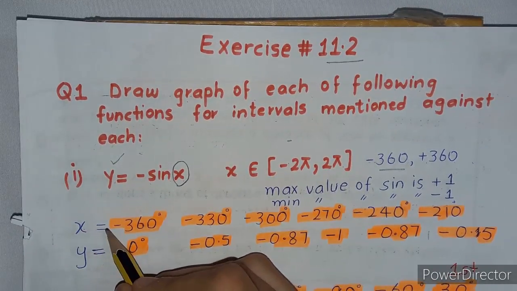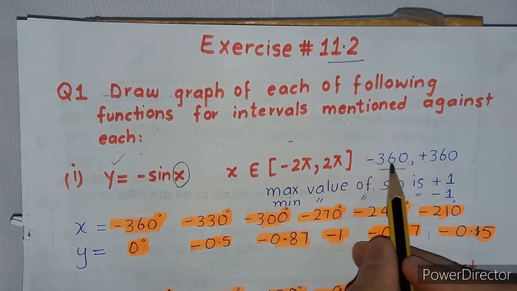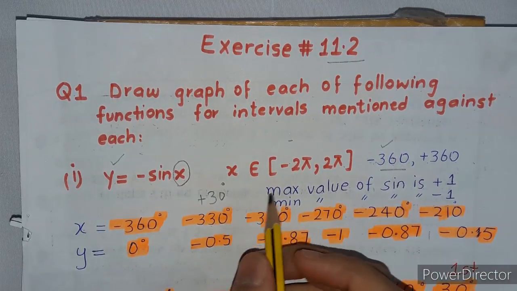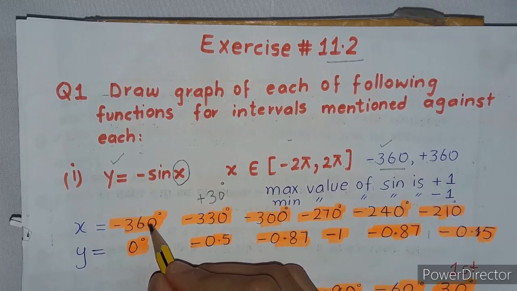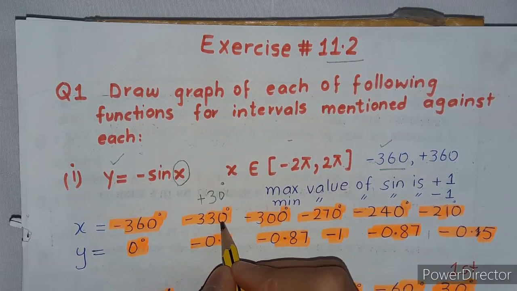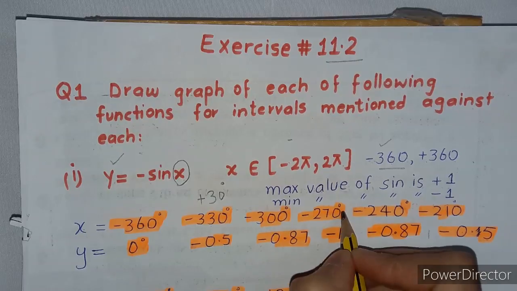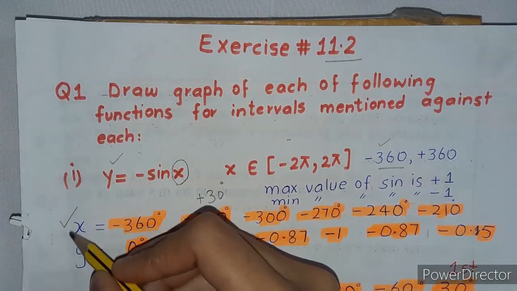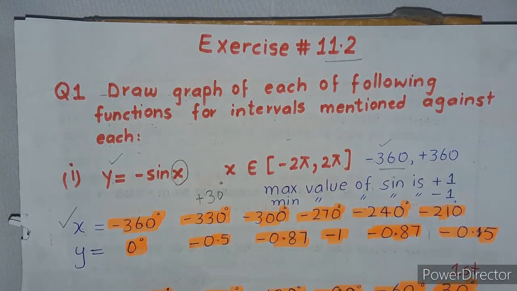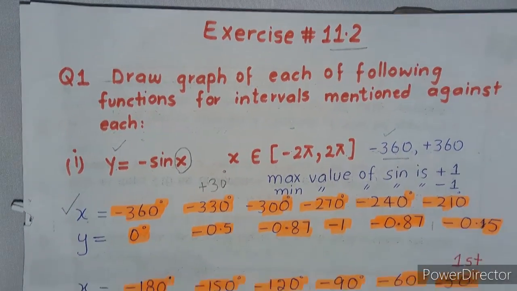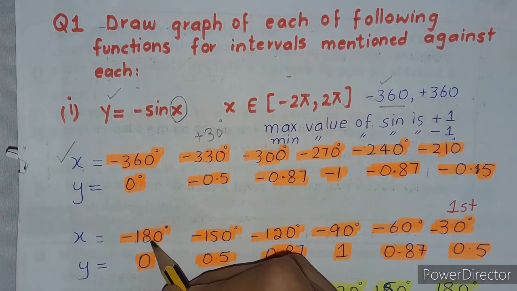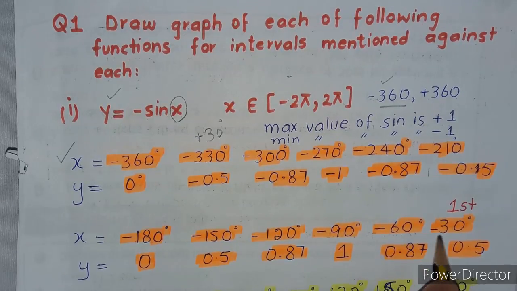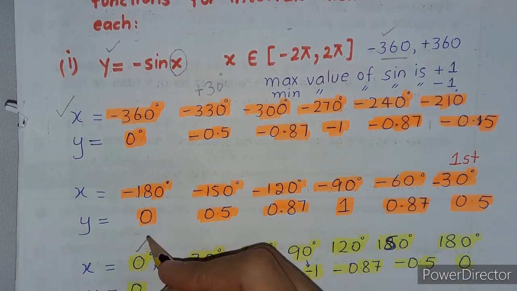First, x is equal to minus 360. We will start from minus 360 and add 30 degrees each time. So we get minus 360, minus 330, minus 300, minus 270, minus 240, minus 210. First you have to focus on the x values, then we will find the value of y. So see the values of x: minus 180, minus 150, minus 120, minus 90, minus 60, minus 30, then 0.